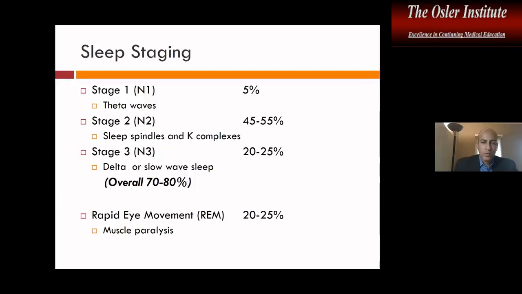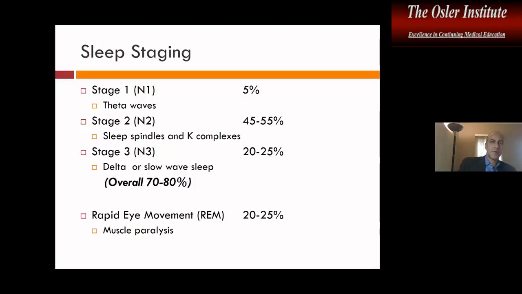Additionally, what's really important to realize is that the bulk of our sleep is not spent in REM. The bulk of our sleep is actually spent in these first 3 stages. A normal sleep cycle is about 90 to 120 minutes, but it takes us about 70 to 90 minutes, because most of our time is spent in those first 3 stages, to get into REM sleep. If you're looking at 7 or 8 hours of sleep, only about 20 to 25% of that time is spent in REM.